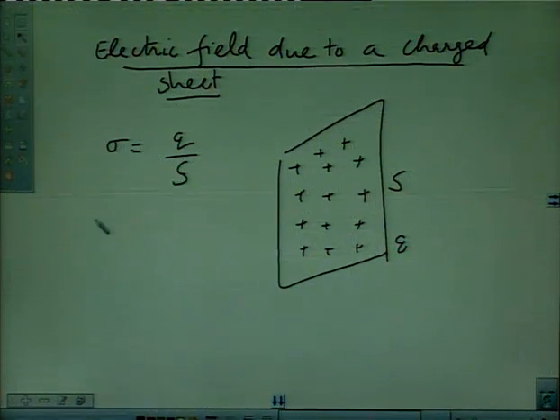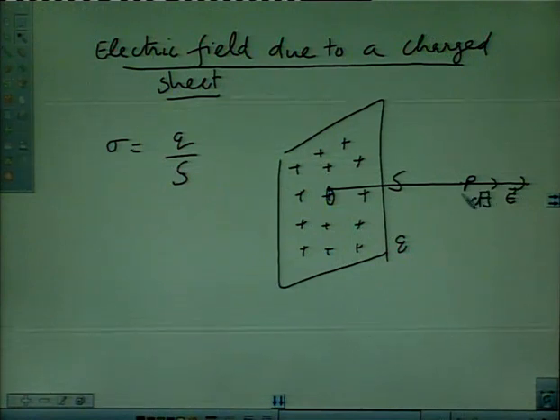Now, by applying Gauss's law, if we have to find the electric field at this point, it will be along this direction, E vector, and the surface area is also along this direction, ds vector.